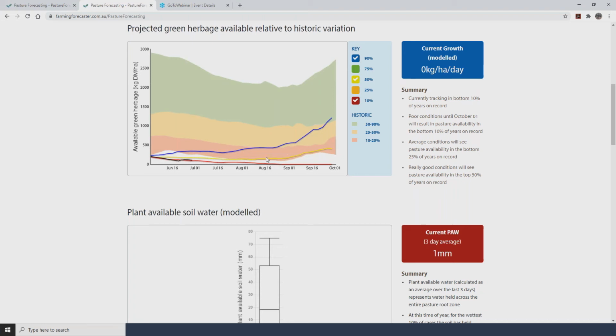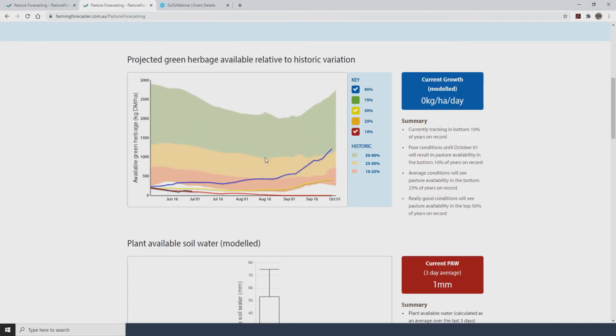The other thing I just wanted to note while we're looking at the pasture forecast graphs is that we've got time across the bottom here, and we've got available green herbage in kilograms of dry matter per hectare up the side. And it's important with these pasture forecast graphs to look at the overall trends and the trajectory of these forecast lines.